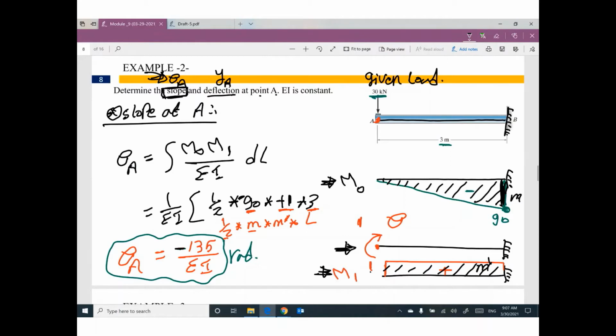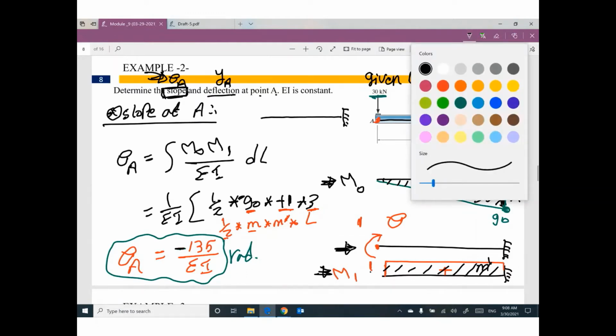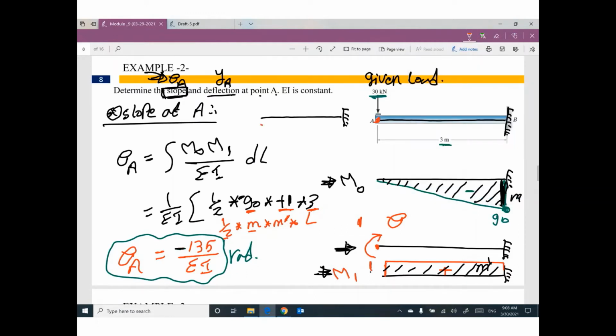Guys, in the second step, I removed all loads and I put the unit moment like this. You put your moment clockwise. I'm so sorry, my value is negative. This direction is opposite to this assumption.